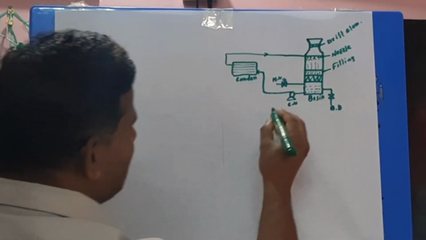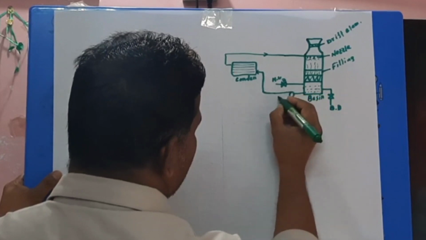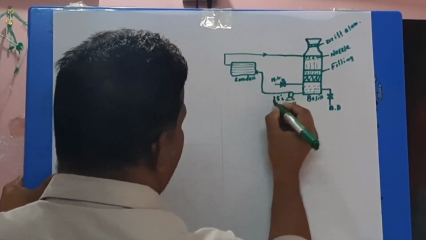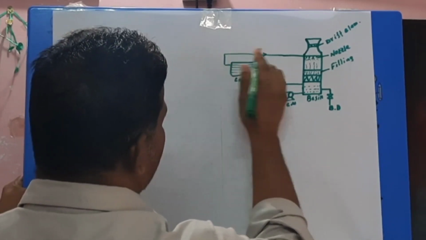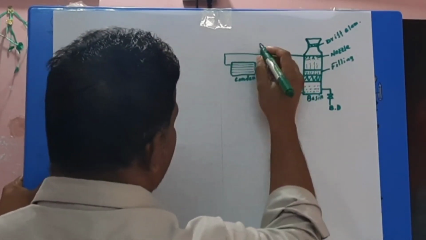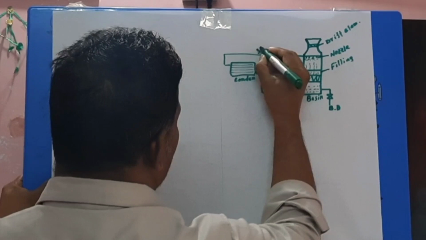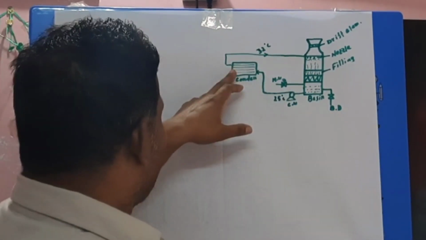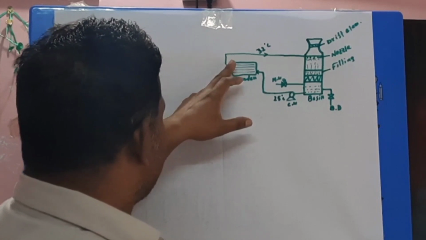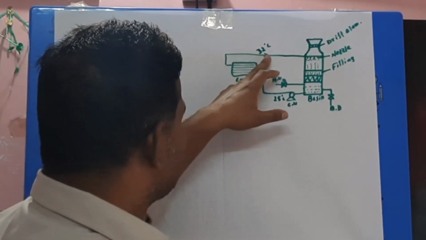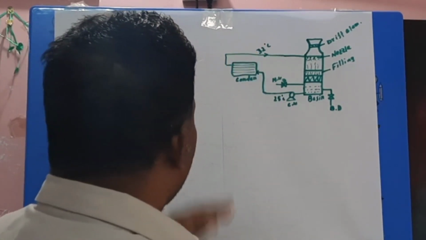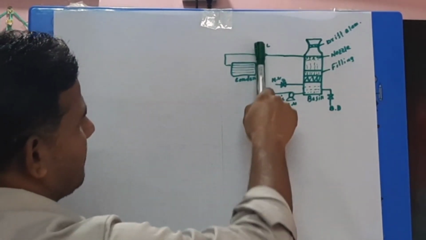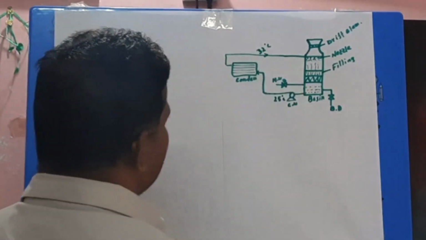If you think this cooling water temperature is 25 degrees centigrade, after discharging from the condenser it will increase. In our plant, it is now showing 32 degrees centigrade. After passing this condenser, this cooling water temperature is increased up to 32 degrees centigrade. So how much is the temperature difference? The temperature difference is around 7 degrees centigrade.